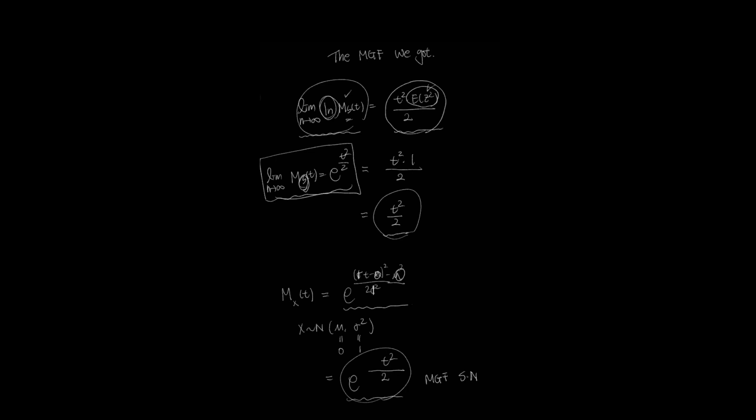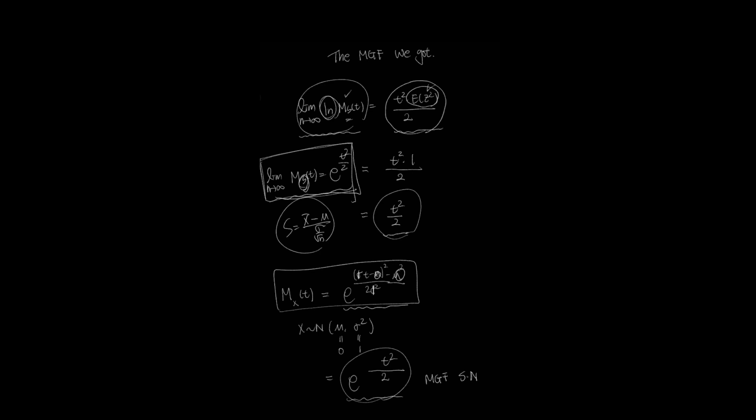We can see that the MGF of S, which is the scaled value of x bar here. Actually, this X and this X are different; it's just a random variable to show this form.